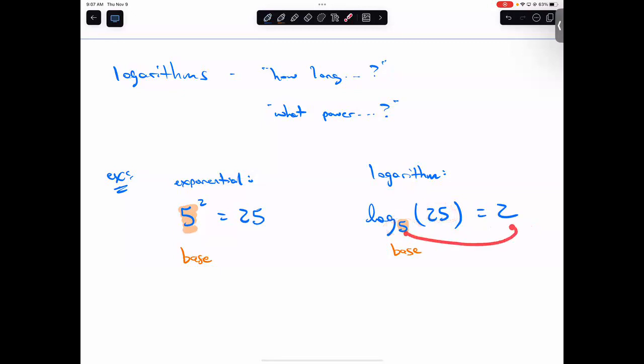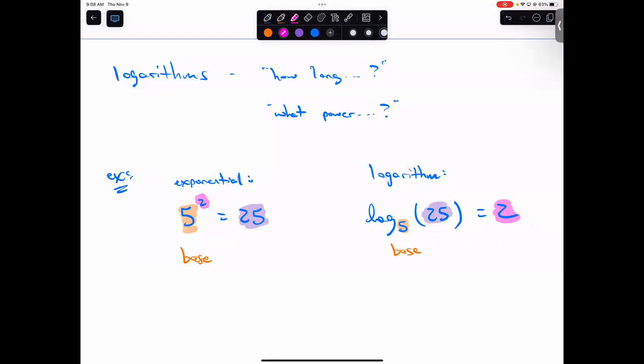So 5 raised to the second power gives me 25. Let me just highlight stuff that goes together. Call that the answer if you want. But that's the same thing over here.